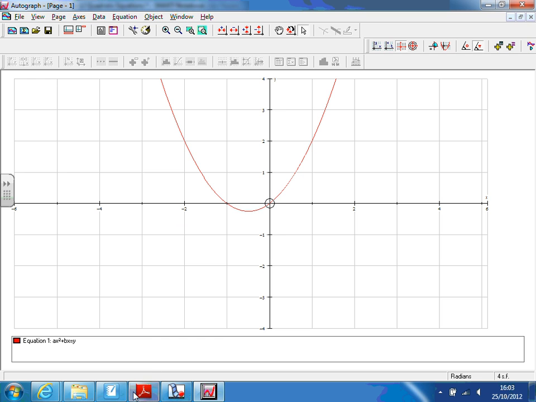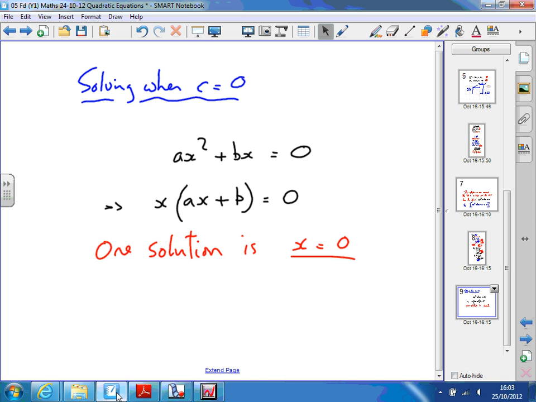What about the other solution? If we go back to here again, one solution is x equals 0, the other solution is where the bracket is 0.